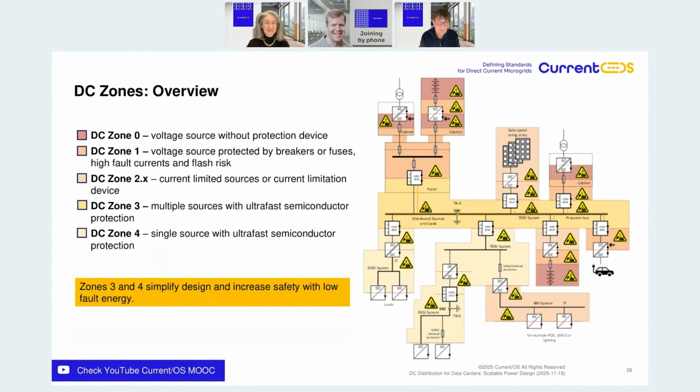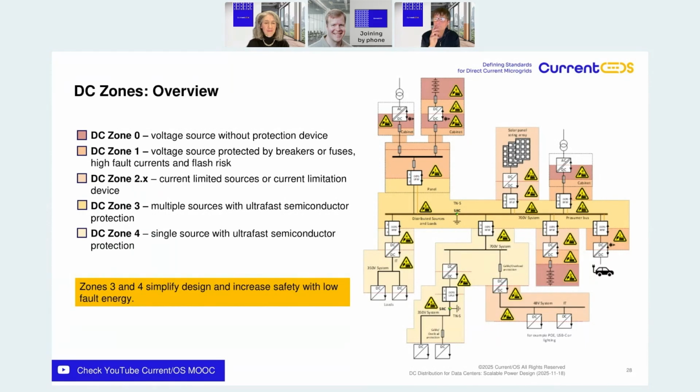All right. So here you can see a representational diagram of different zones which are applied. These different zones are in order from low to high of increasing protection. At zone 0, you do not have protection. Zone 1, you have some means of protection.